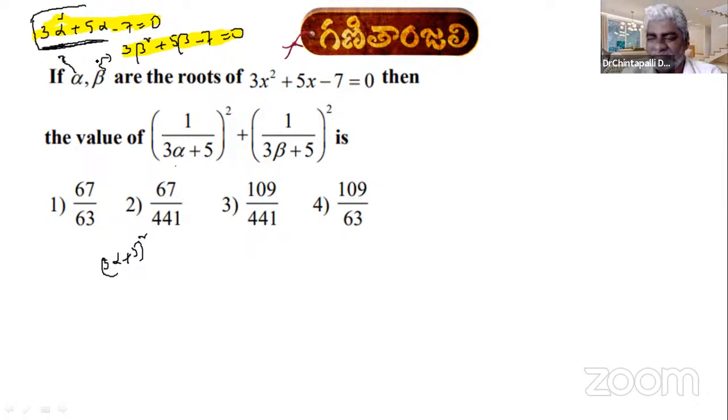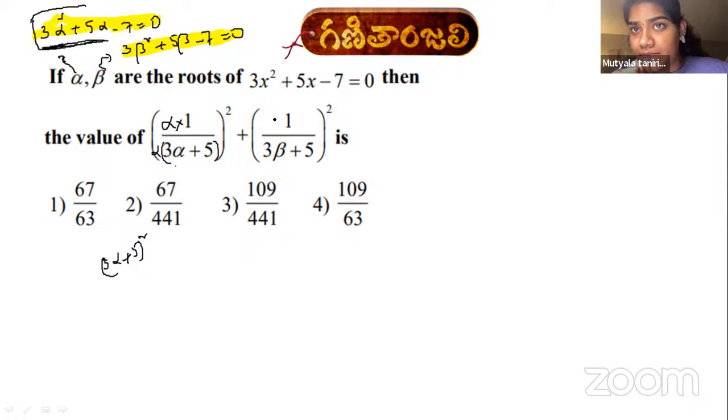I tell the simple point: multiplying numerator and denominator by alpha. What happens when we multiply numerator and denominator by alpha? The numerator will become alpha, so alpha over 3 alpha squared plus 5 alpha. Same as this, right?